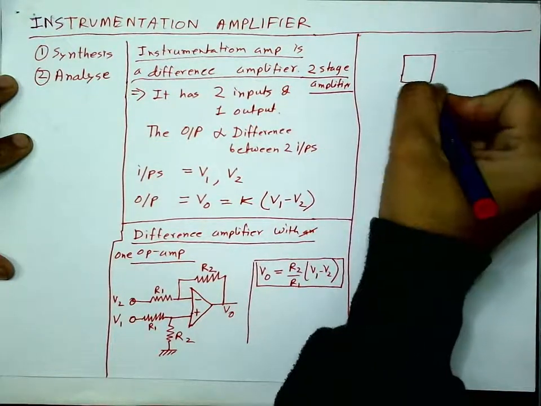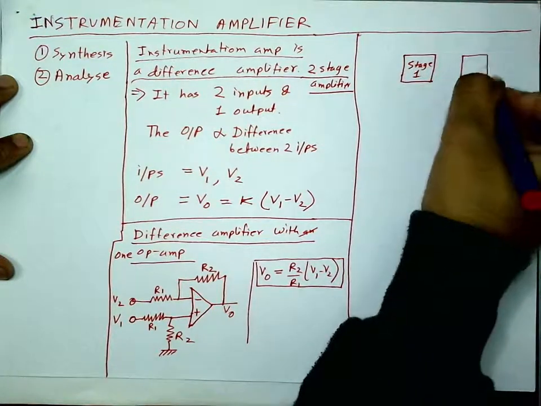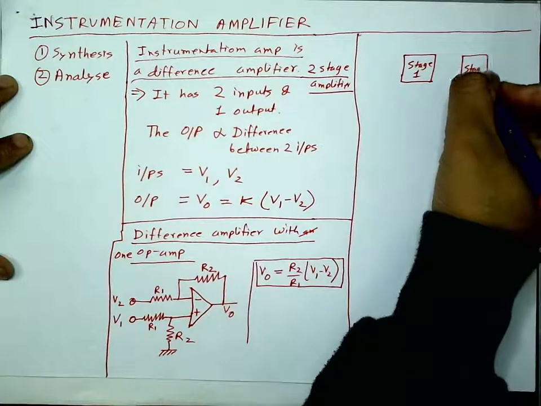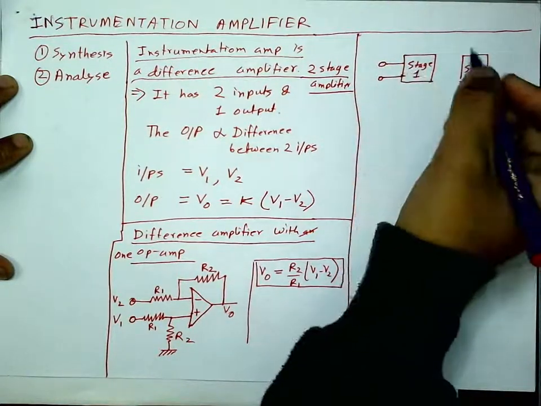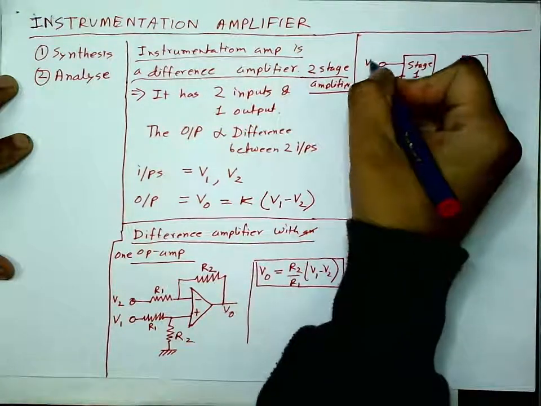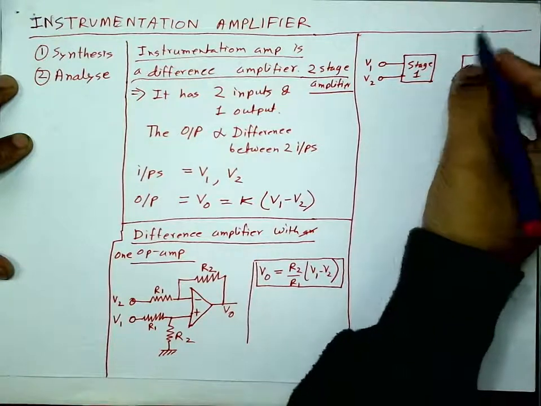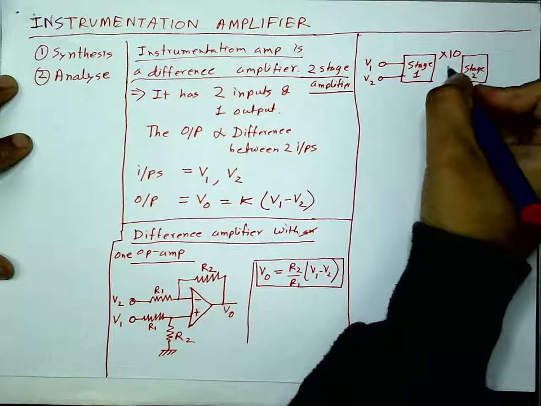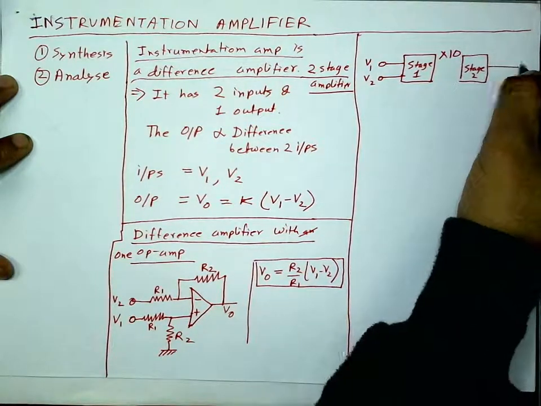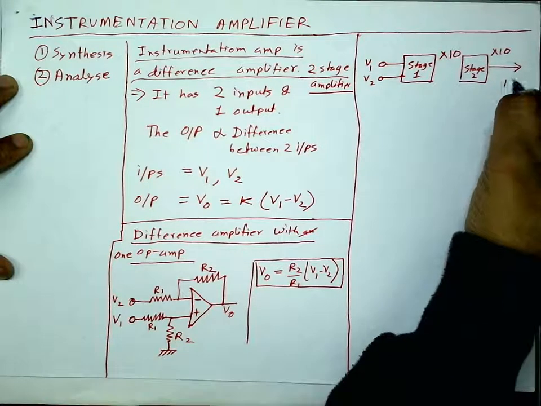So this may be one amplifier, stage 1, and then stage 2. It will have two inputs definitely. So it will take the difference between these two inputs, V1 and V2, that will be multiplied by, say, a factor of 10. Here we will have 10 times the voltage, and then here we will have again 10 times that voltage. So finally this voltage will be 100 times V1 minus V2.